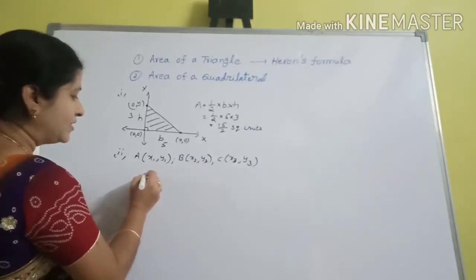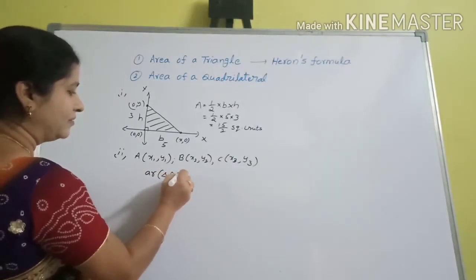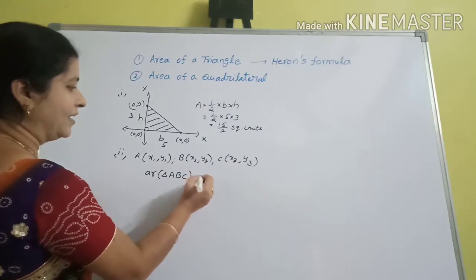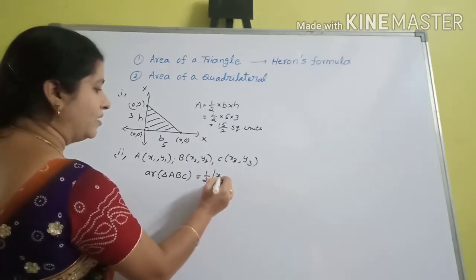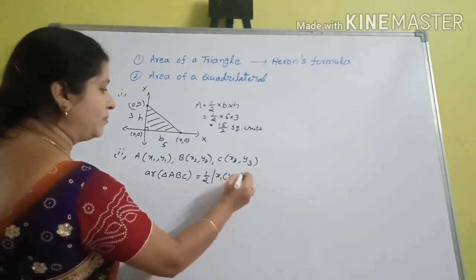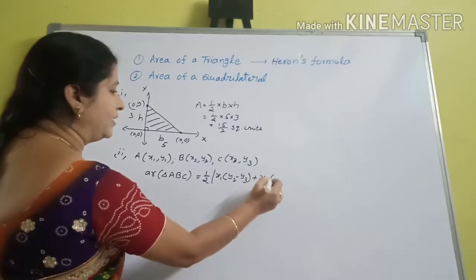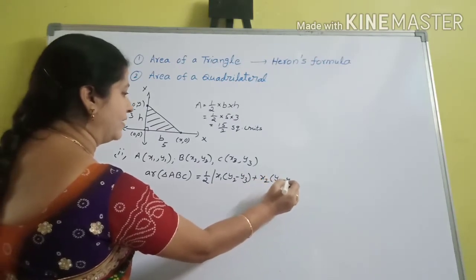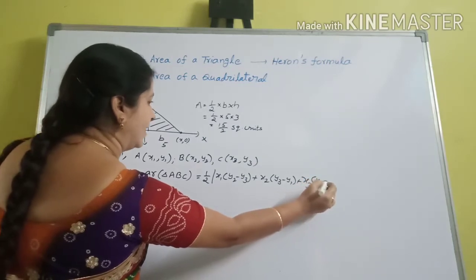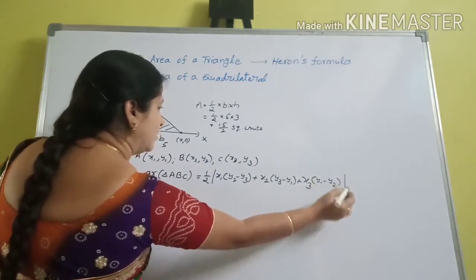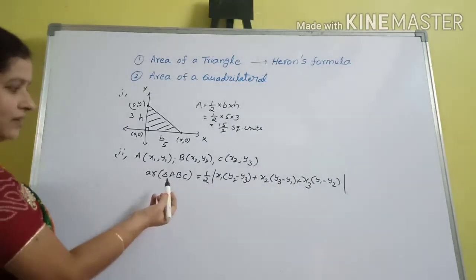So by using this formula, area of a triangle ABC equal to half modulus of x1 into y2 minus y3 plus x2 into y3 minus y1 plus x3 into y1 minus y2. So this is the formula for area of triangle ABC.